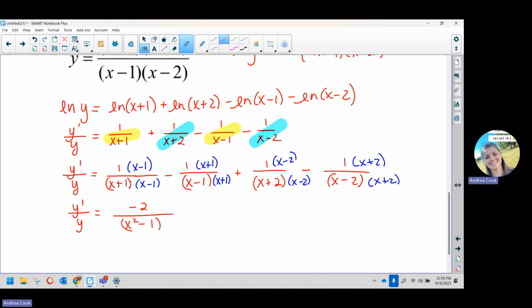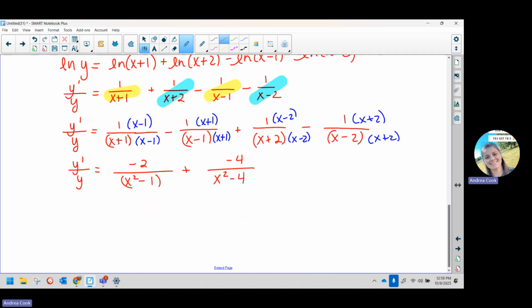You get a negative 2. What I'm doing is x minus x is 0, negative 1 minus 1 is negative 2. Now I'm going to combine the other ones. So x minus x is 0, negative 2 minus 2 is negative 4. I went ahead and multiplied the bottom out. Now I'm going to combine those two fractions.